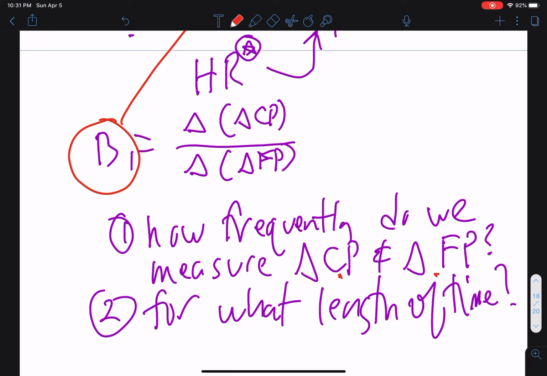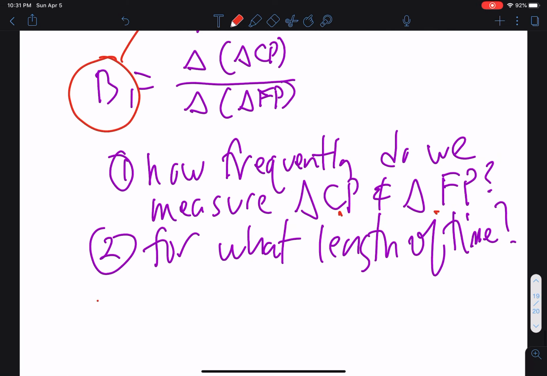Let's just say we choose daily changes. Do we do it for a month or 6 months or a year or 5 years? What do we use?